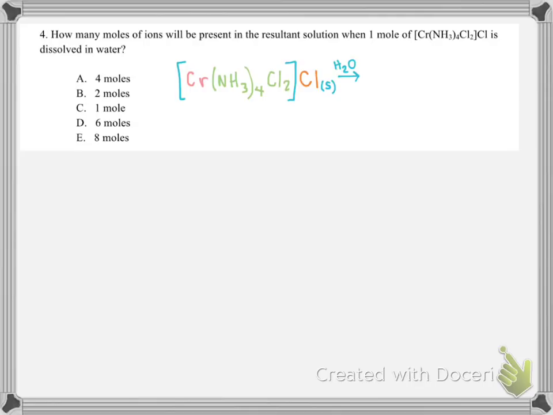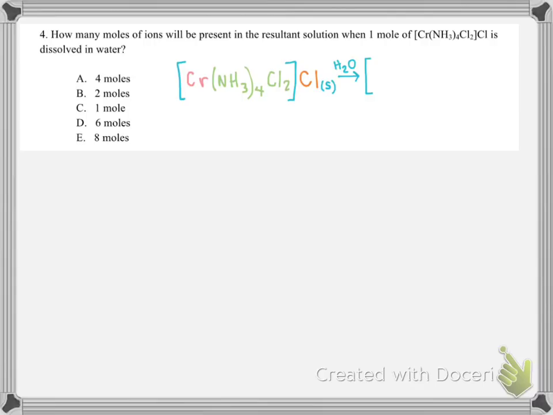Okay, we have this crazy metal complex. Okay, and they want us to figure out how many moles of ions we'll end up making when we dissolve this. Okay, so let's write what happens when we put it in water. So everything that's inside of the brackets is stuck together.